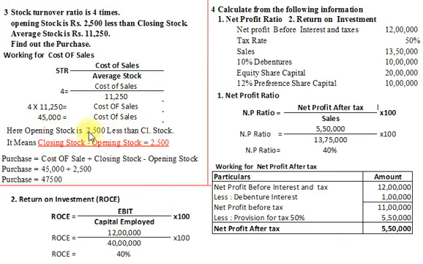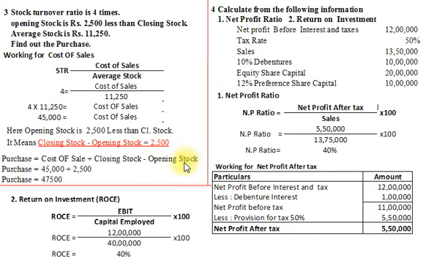Now we have information that opening stock is rupees 2,500 less than closing stock. It means closing stock minus opening stock is equal to rupees 2,500. So now let us calculate purchase. We use the formula purchase is equal to cost of sales plus closing stock minus opening stock.